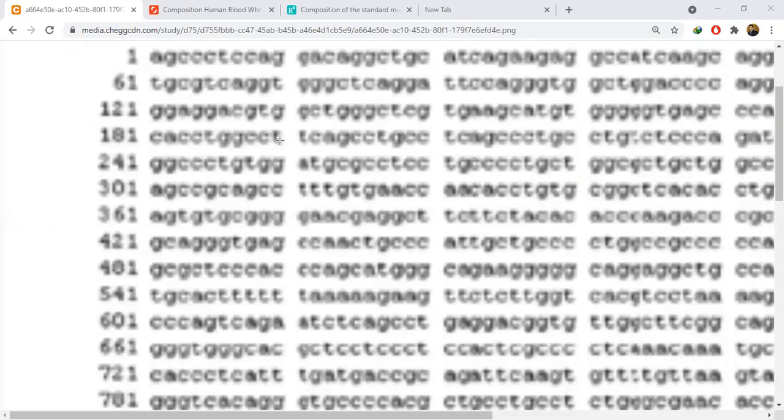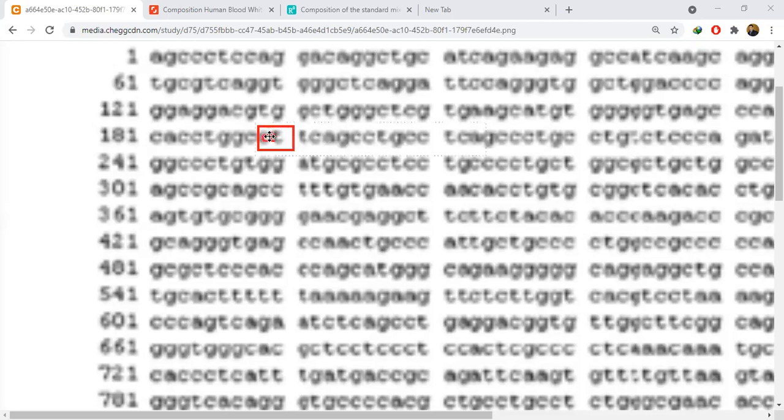Here, cytosine and thymine are there. In this place, these two letters are there.